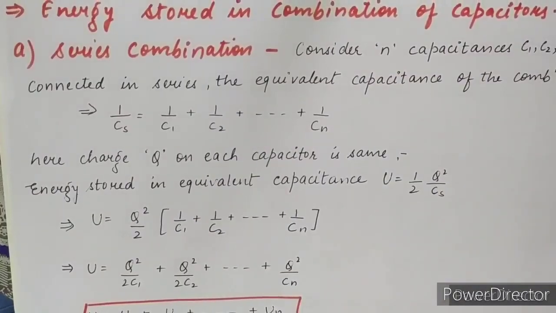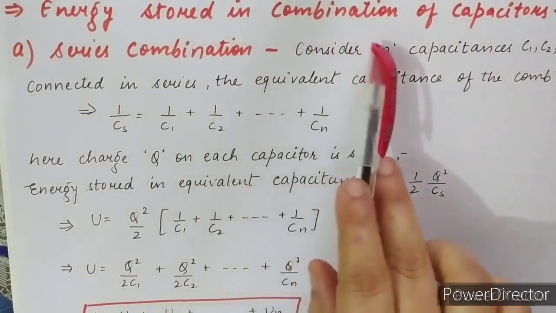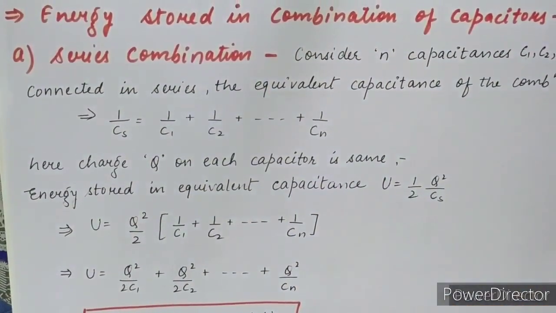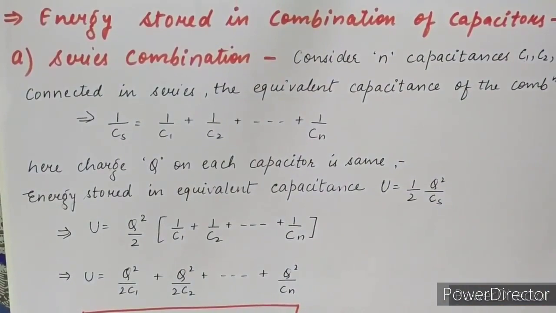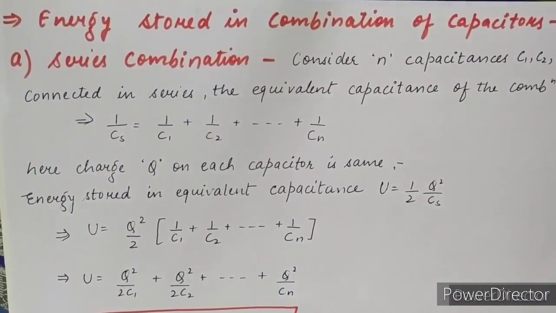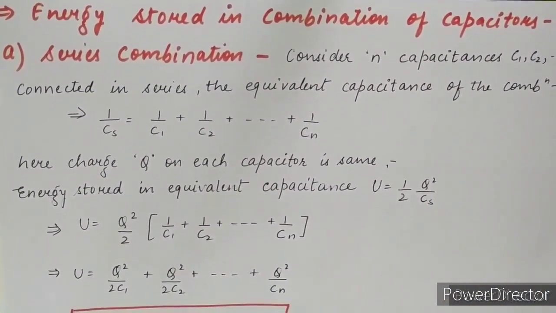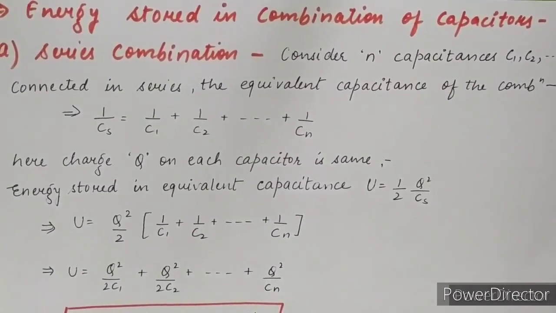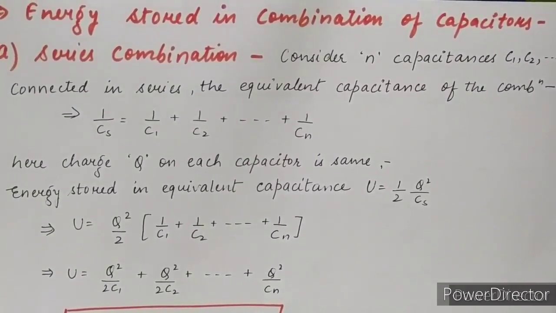Now our next heading is energy stored in a combination of capacitors. We have studied two combinations in our last two classes, series combination and parallel combination. So in these combinations of capacitors, how is the energy stored? It is a simple topic.